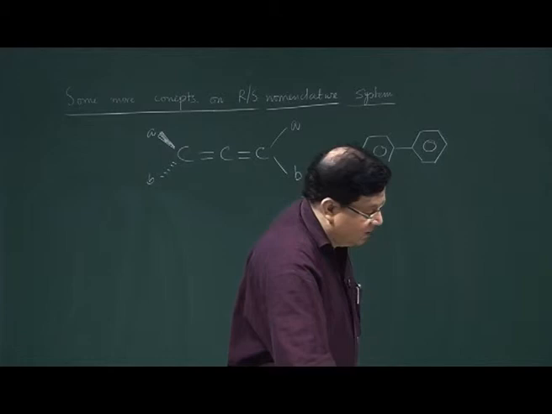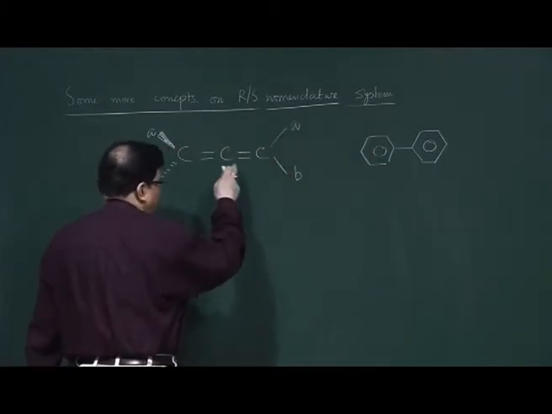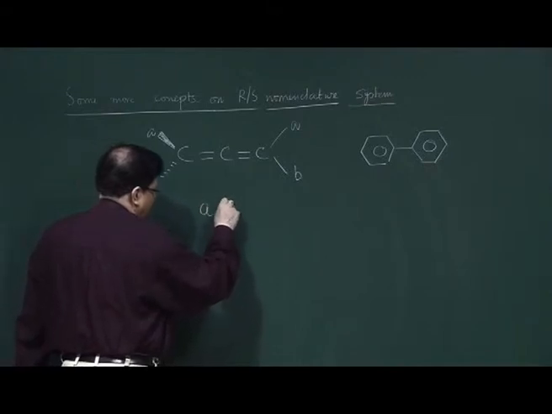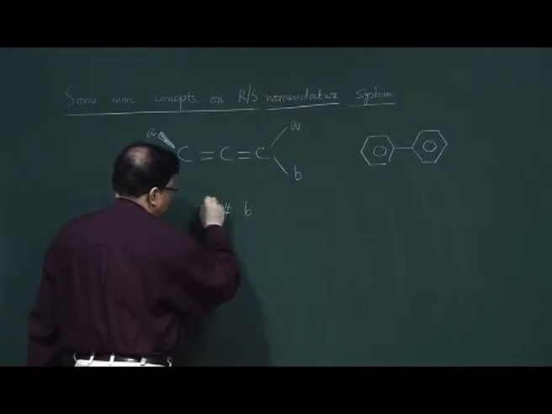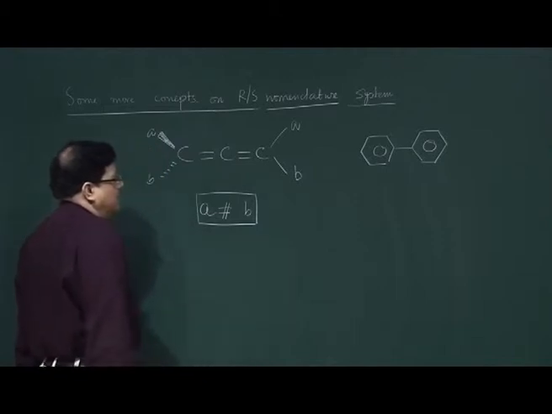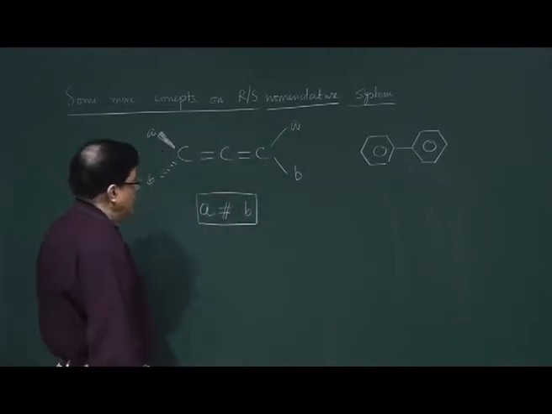And the condition for chirality of this type of molecules, allene molecules, is that A should not be equal to B. This is the condition for chirality. That means, at the 2 ends the groups should not be the same.